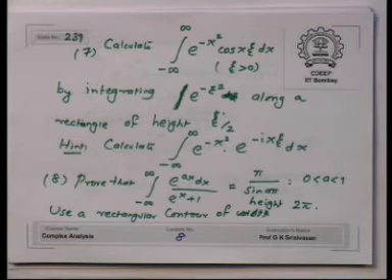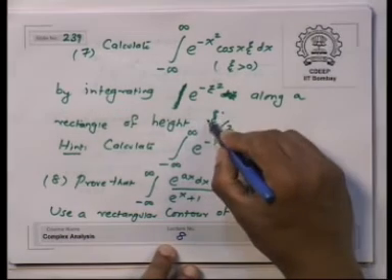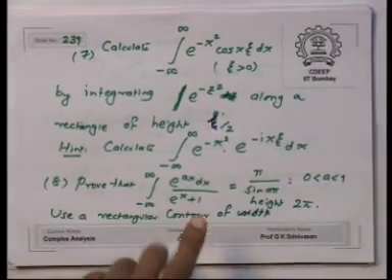Calculate the integral from minus infinity to infinity of e to the power minus x squared cos x psi dx, where psi is bigger than 0, by integrating e to the power minus z squared. I am being very kind to you, I am still giving you the contour and the function. Integrate along a rectangle of height psi by 2.